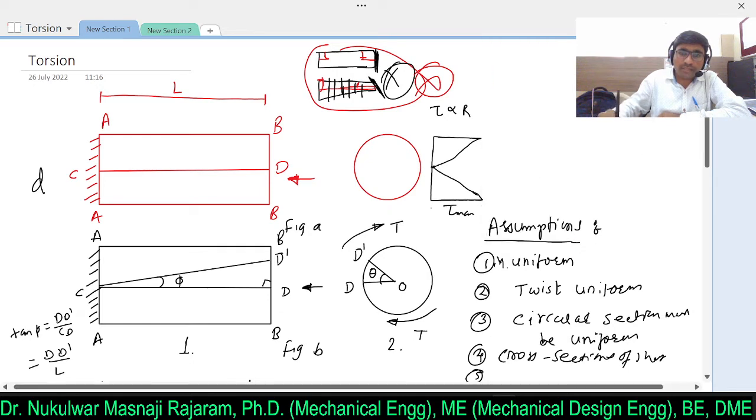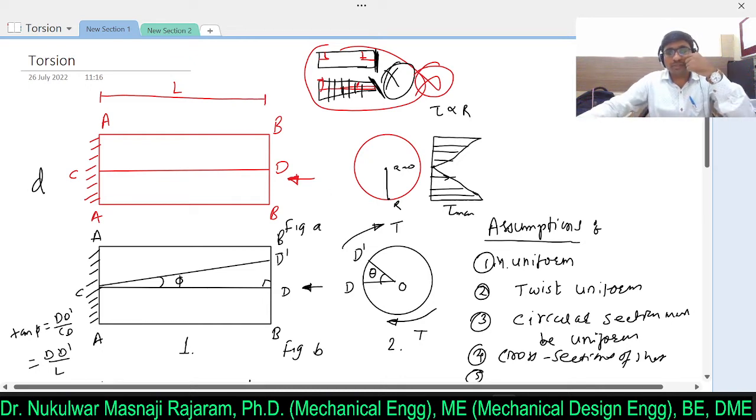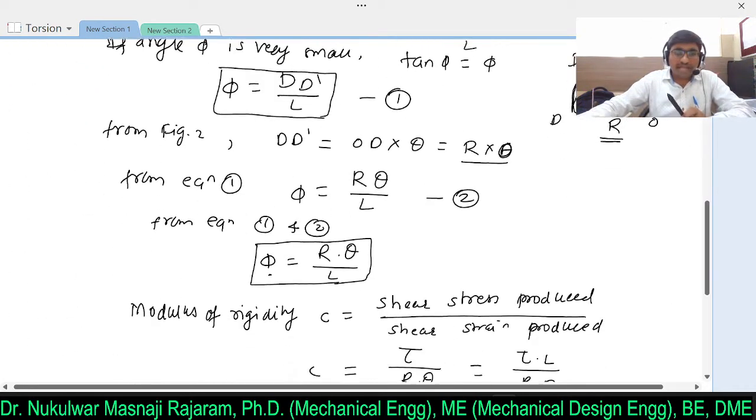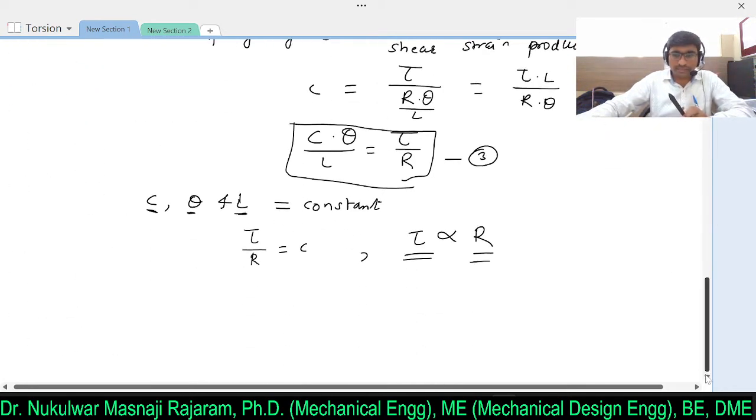So this is the center, at center r will be equal to 0, at the outer, maximum radius will be there, so I will get the maximum stress. Clear? So from this equation you must remember, at center there will be 0 shear stress, at this outer edge of the shaft there will be a maximum shear stress.